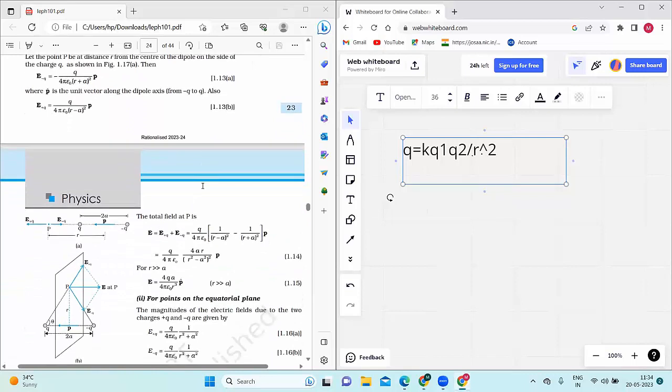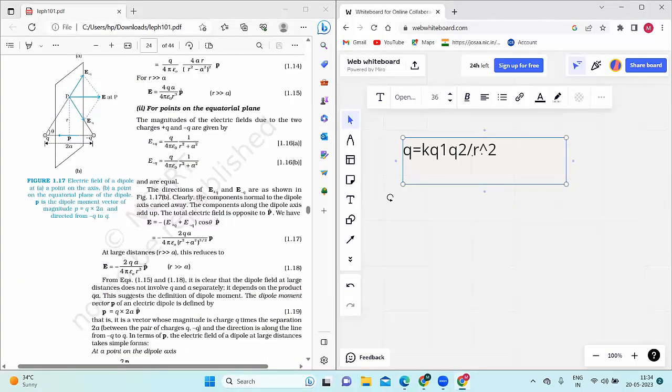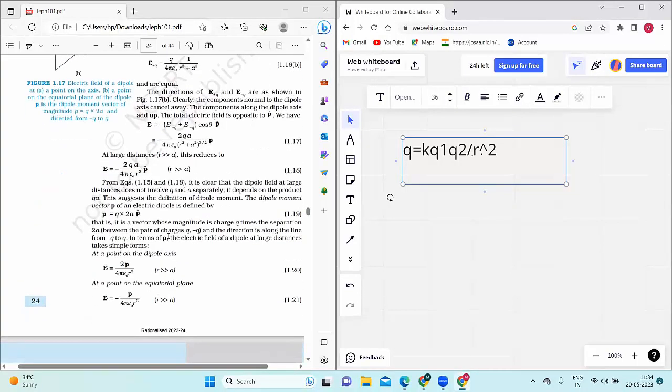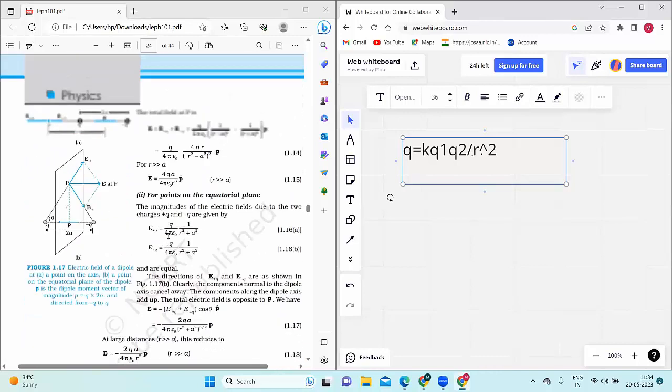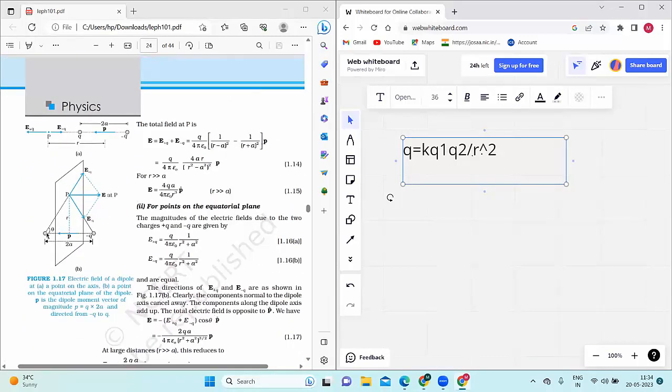Now the electric field due to a dipole is calculated individually for both the charges. Initially we will calculate the electric field due to the positive charge q and the negative charge minus q.